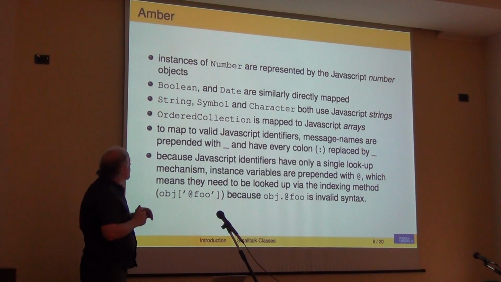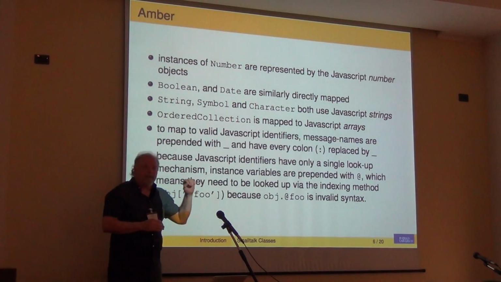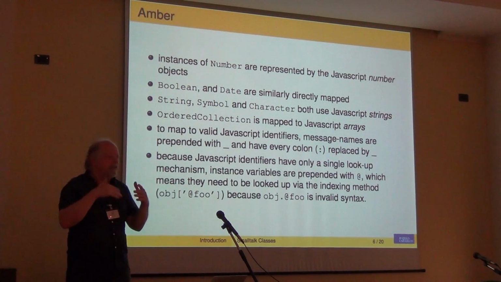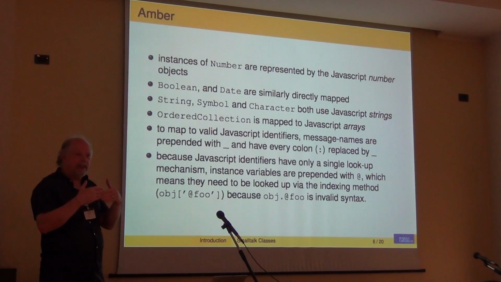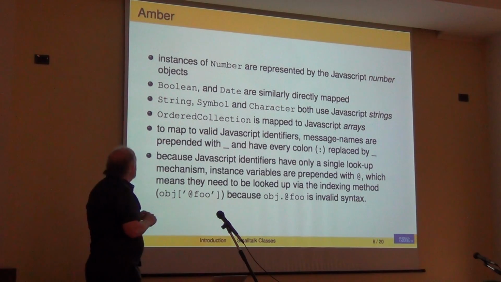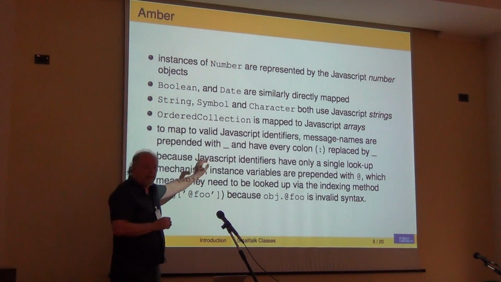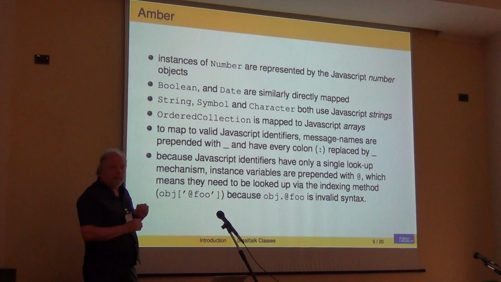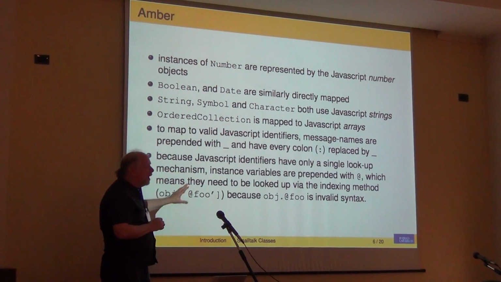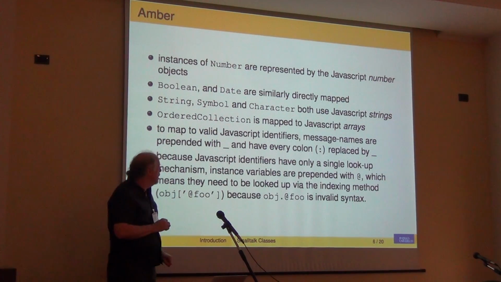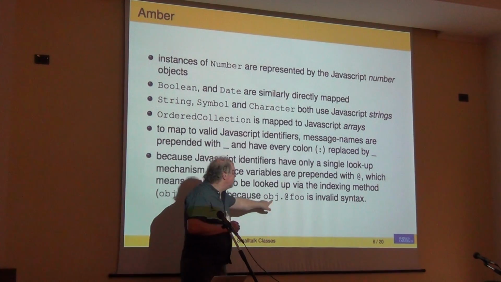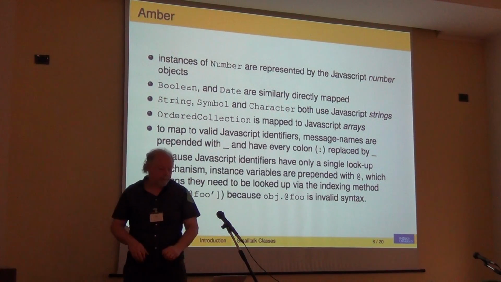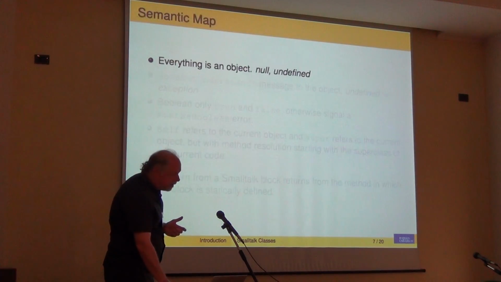And so identifiers in JavaScript, whether they're functions or data fields, are all accessed through the same search mechanism. So they add an underscore to the beginning of method names, and they replace colons with underscores. To access variables, they add an @ sign to the beginning of it, which unfortunately means you have to use this syntax instead of this syntax to look them up, which doesn't matter too much.